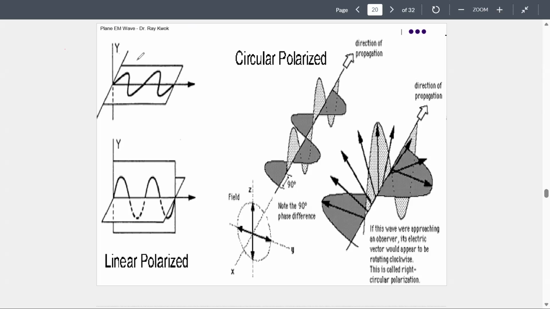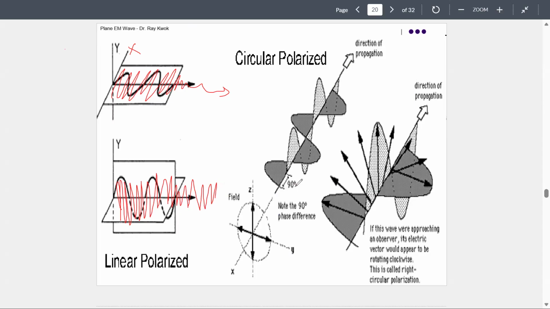If I have a field just oscillating along the x direction and traveling outward, that's horizontal polarization, linear. If the electric field is oscillating vertically and traveling outward, we still call it linear polarization, but vertical polarization.